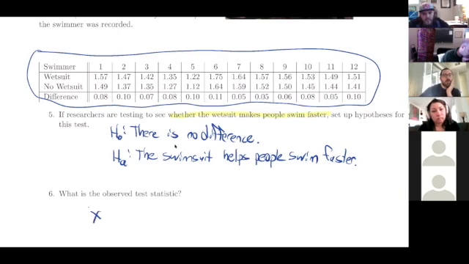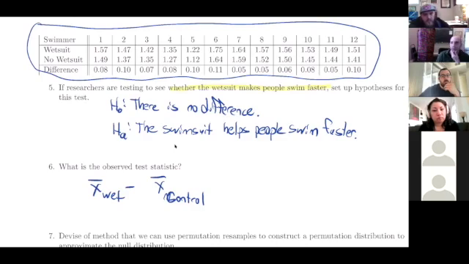So the mean velocity for the wetsuit minus the mean for, we'll call that control. That's kind of right, and also not quite right.